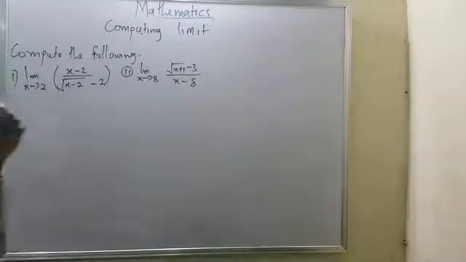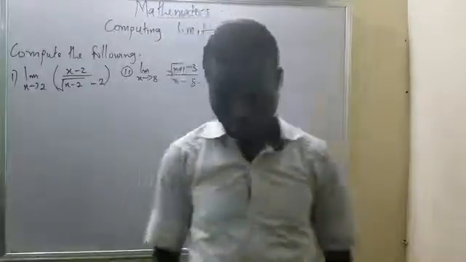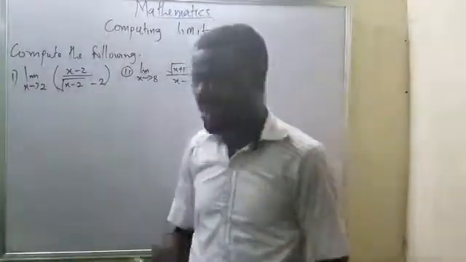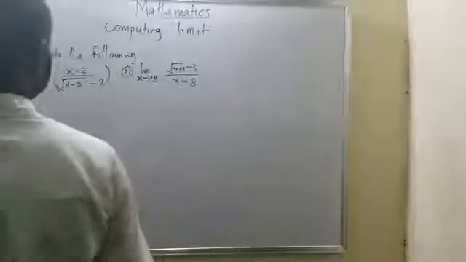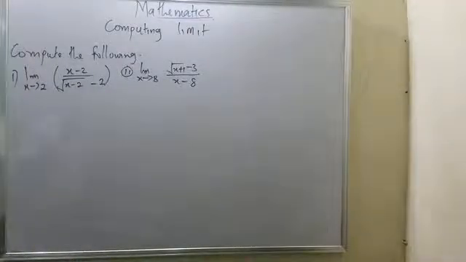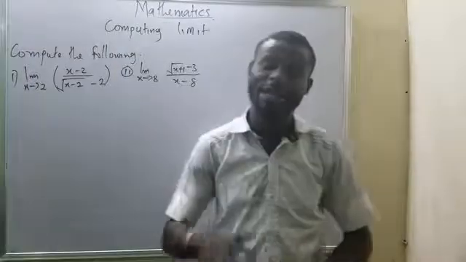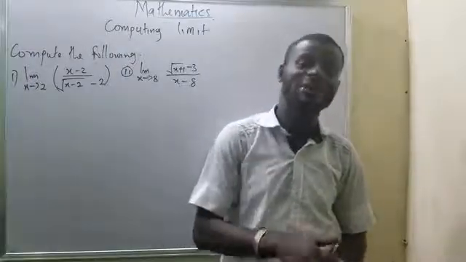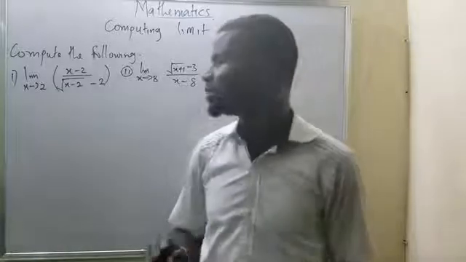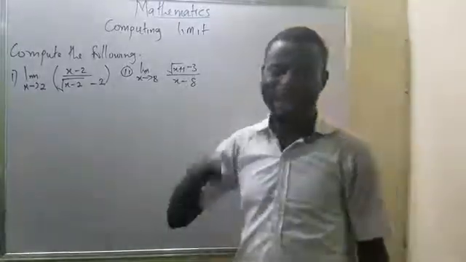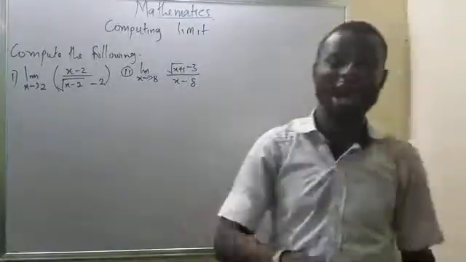Now that is one. I will solve one of them, and you can solve the second one and drop a comment after. There are more of them that I want to show, but look at this. Limits, I've told you at the beginning of our class, when we introduced limits, that we are avoiding 0 at the denominator. Everything we are doing on limits is the ability to avoid what? 0 at the denominator.